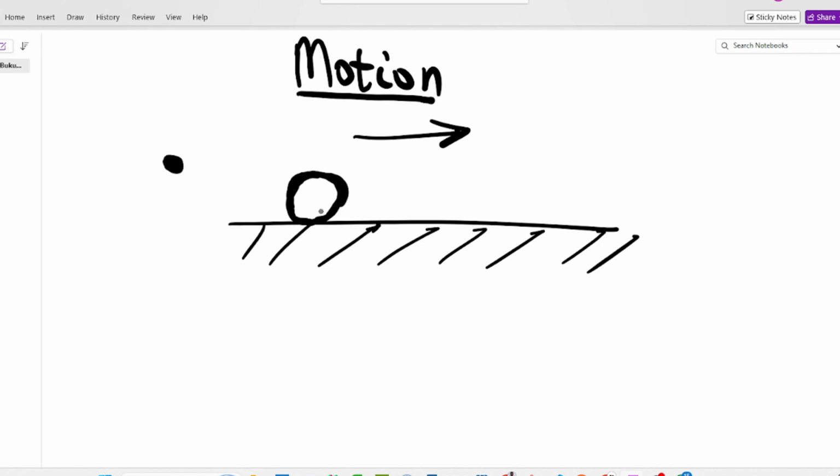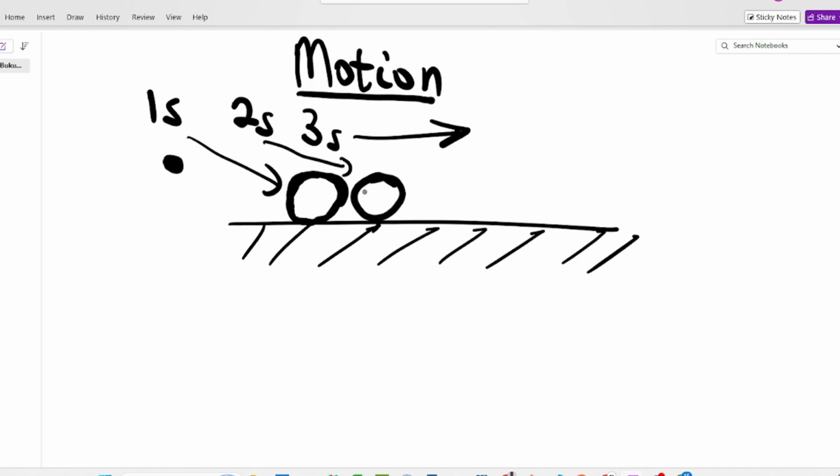If the position of the body changes with time, let's say at 1 second the body is here, at 2 seconds the body is still here, at 3 seconds the body is still here, then motion has not occurred. But if at 1 second the body is here, at 2 seconds the body is here, and the third time the body is located over here, you can see the body that was here first has moved to this place.